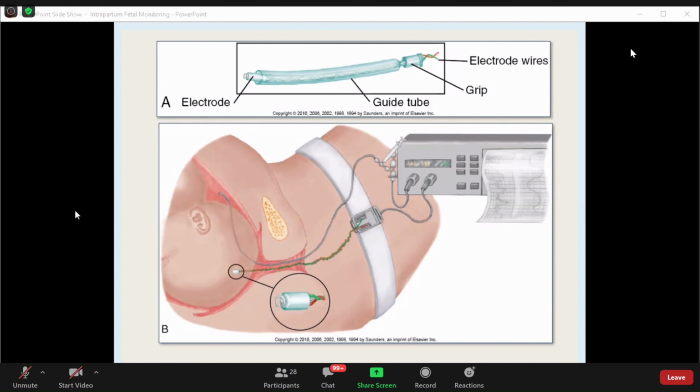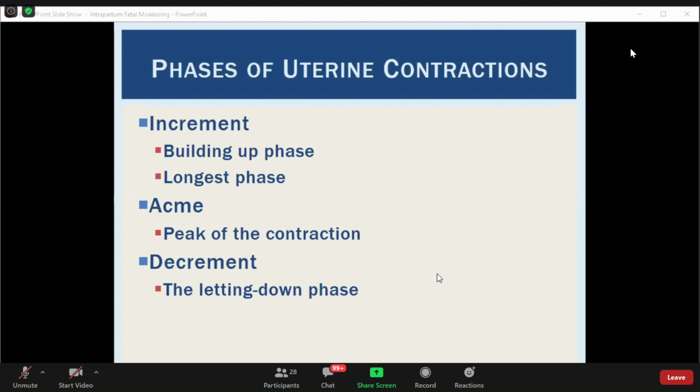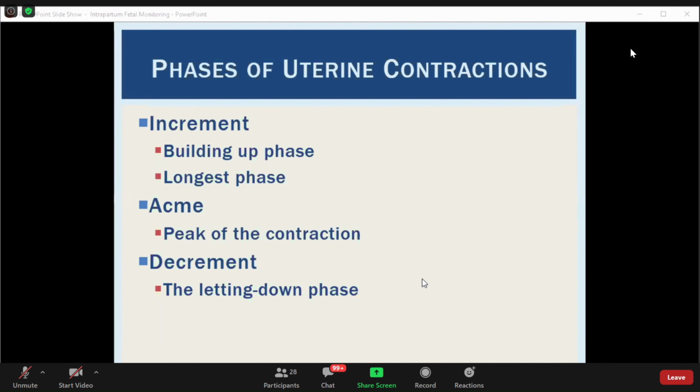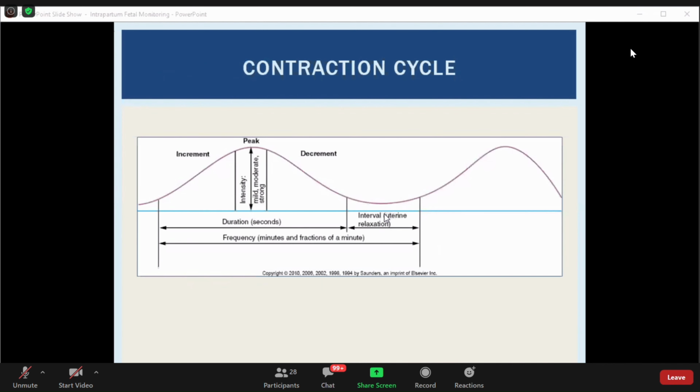All right, let's talk about contractions here. Some of this we discussed already with labor. It's the same contraction cycle. The increment is the building up, the longest phase of the contraction cycle. The acme is the peak.